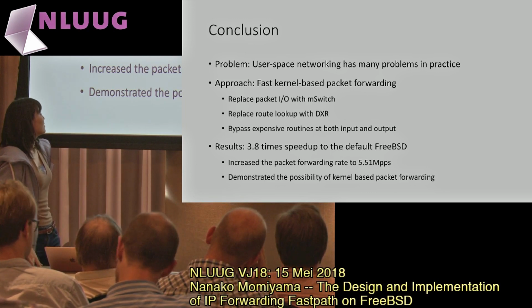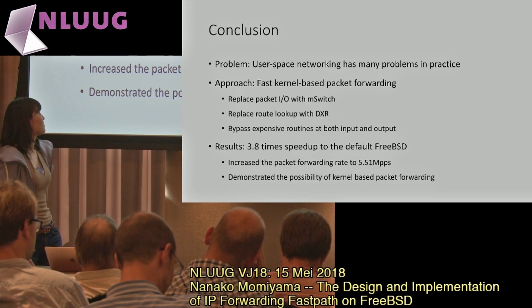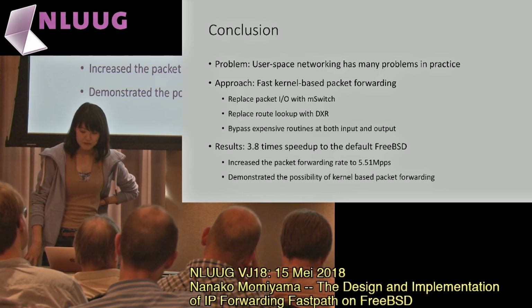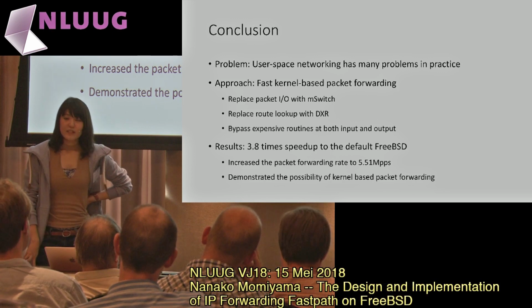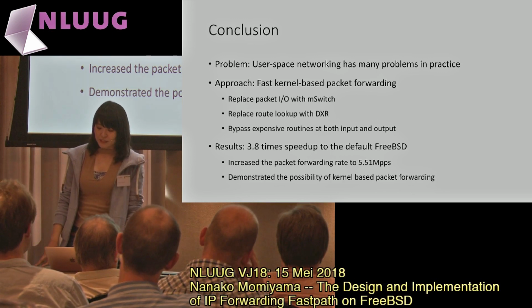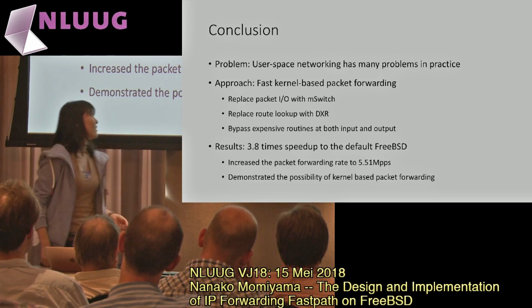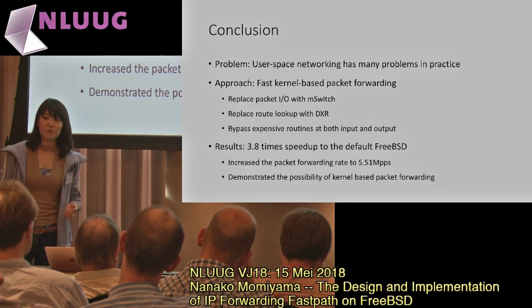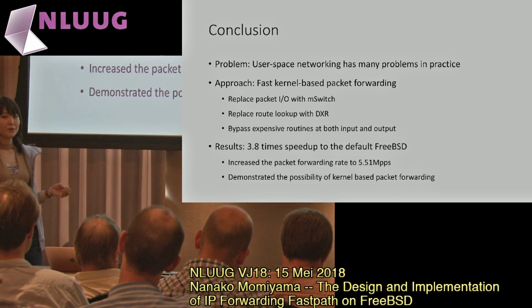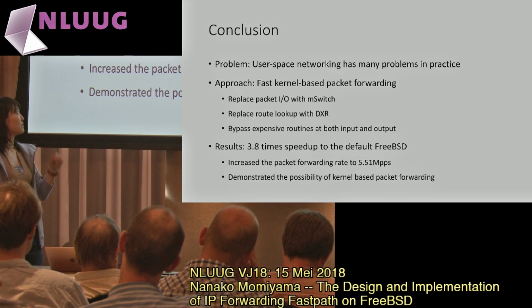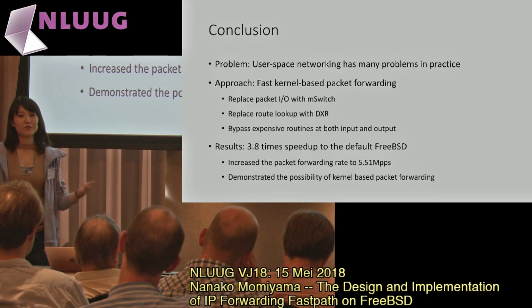So our approach is fast kernel-based packet forwarding. And here we applied 3 optimizations. The first is to replace the packet IO part with M-switch, and also replace route lookup with the new algorithms.